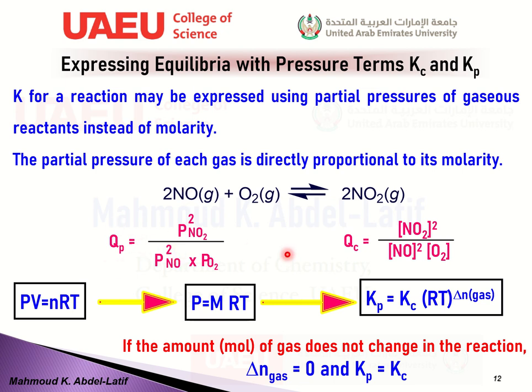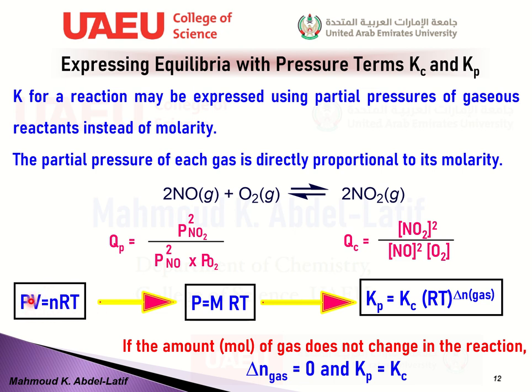Instead of P, you could express it with concentration, with molarity: the concentration of the product divided by the concentration of the reactants. Actually, you can get a relationship between the equilibrium constant with respect to pressure and the equilibrium constant with respect to concentration. You get this from the ideal gas law, PV equals nRT.